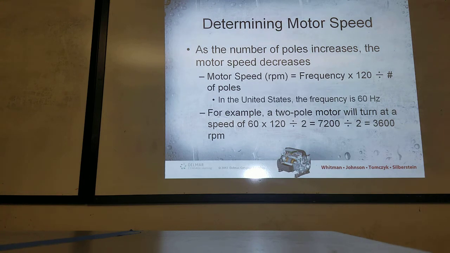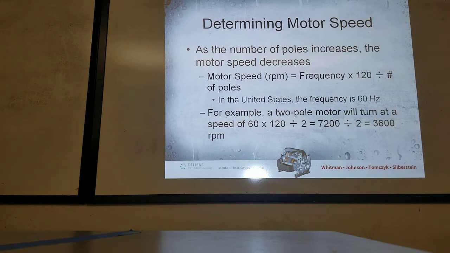The frequency in the United States is 60 hertz. In Europe, it's 50. Why is it 50? They just use a different standard.